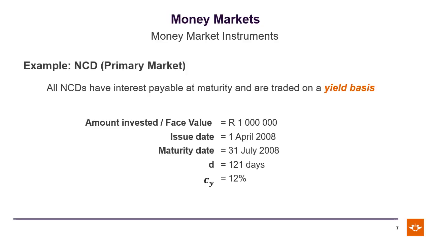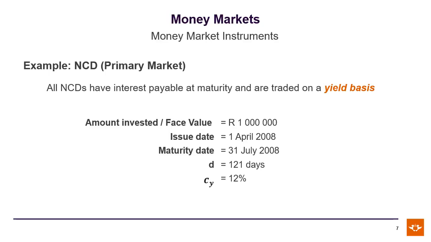So to reiterate, for yield or interest add-on instruments, the coupon rate is an explicit interest rate. This is the interest that is paid on the face value. Interest accrues according to the day count convention, and there are two of them. It could either be actual over 365 or actual over 360.